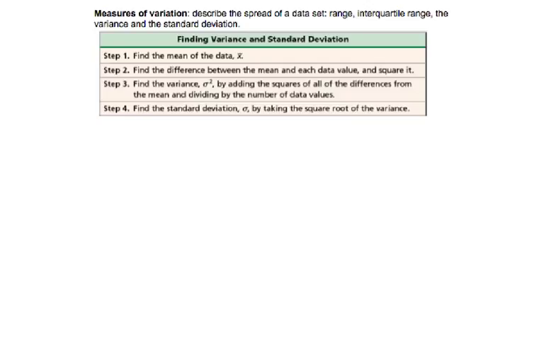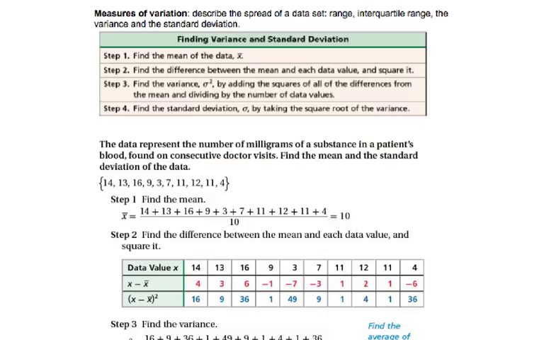I want to show you an example problem. We're just going to look at this problem for a minute and highlight some things on it. The first thing that we do is we find the mean. The mean is denoted by this X with a line over it.